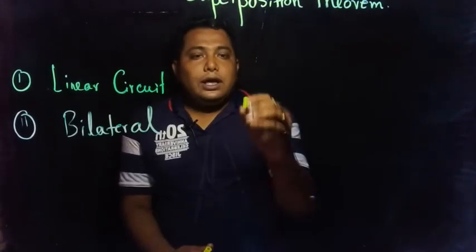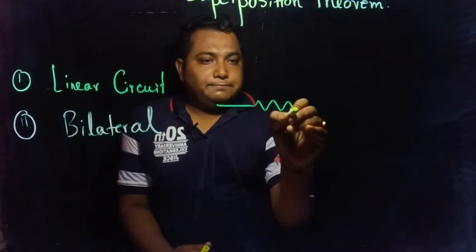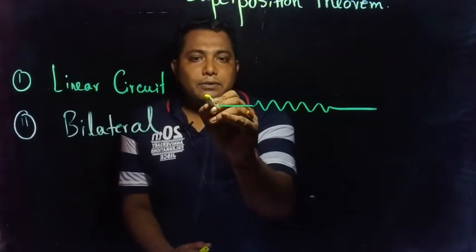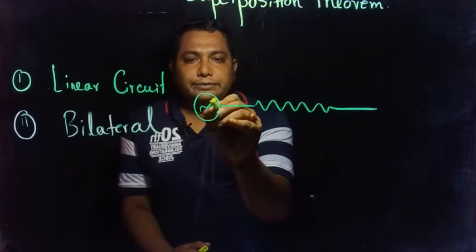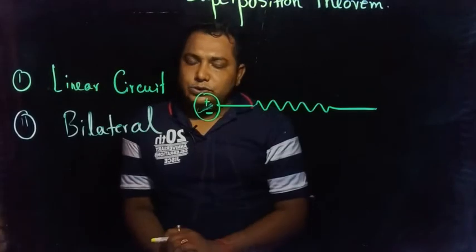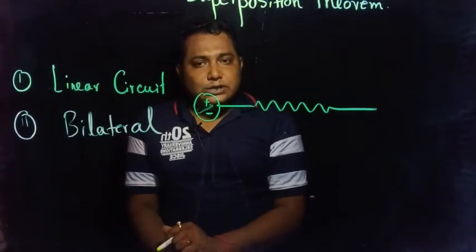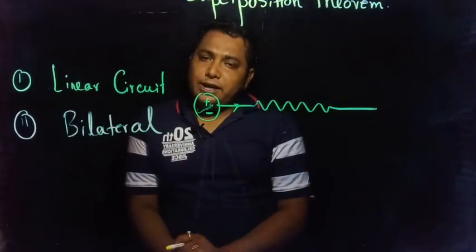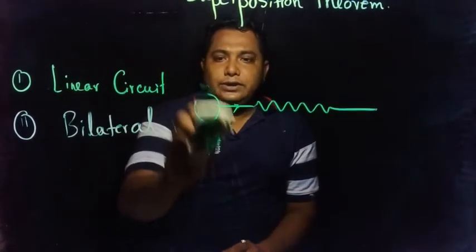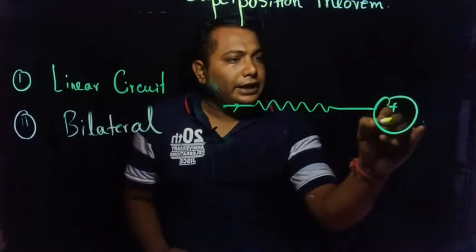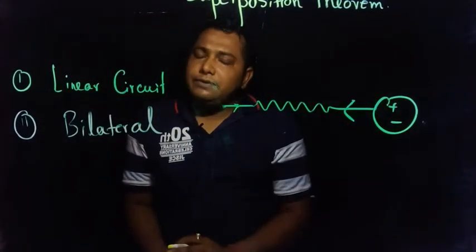Now consider our resistor. Say we are connecting a source over here, not AC, so we should use a DC source. If we connect a DC source, what will happen? The current will flow from this side to this side. Now if we disconnect it and connect it the other way, the current will flow the other way.